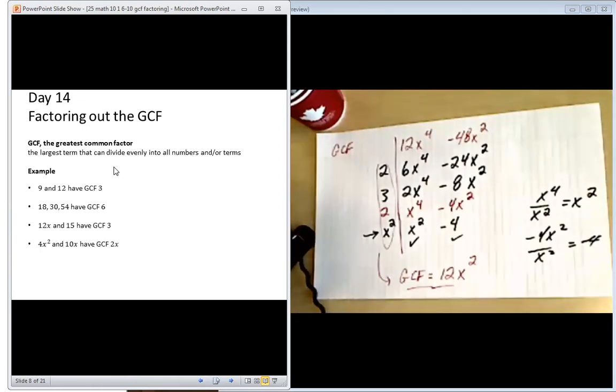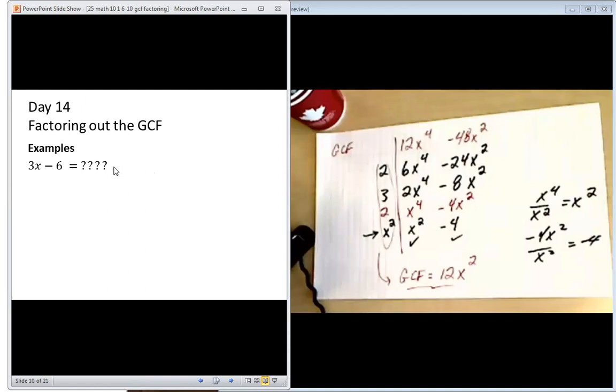Okay, so watch this. You take a look at these two. So what's the GCF? Okay, yeah, 3 is the GCF, right? Now, that's going to go in front of the set of brackets.